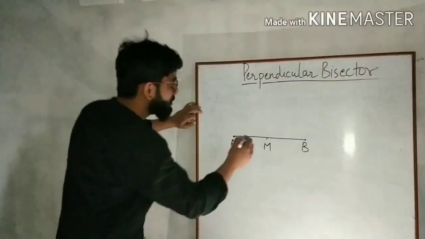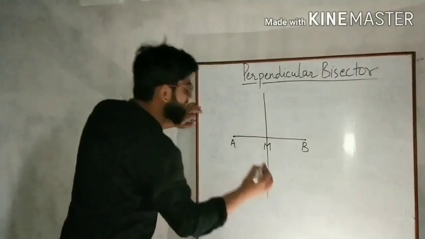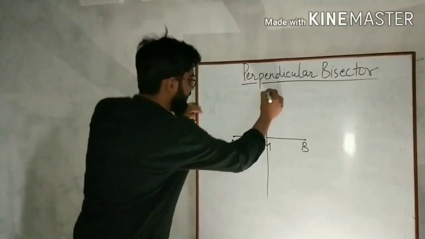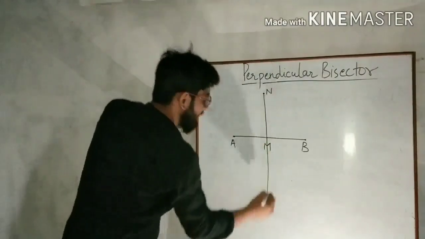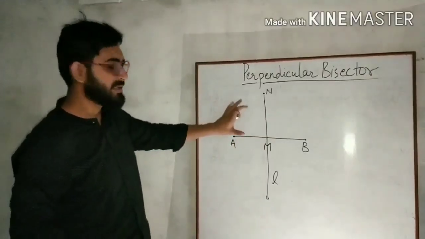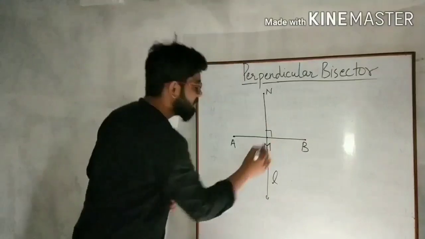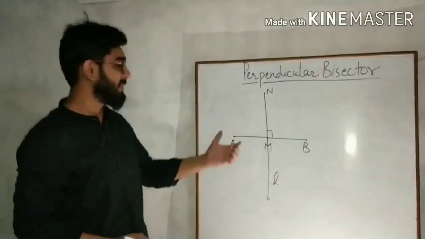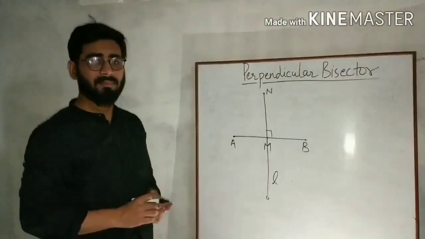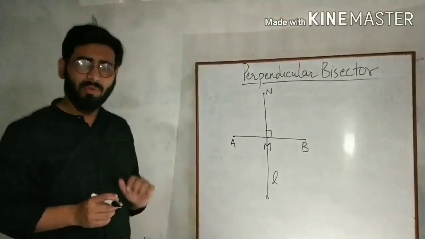Now I ask you to draw a line perpendicular to AB. So you draw a line perpendicular to AB. Let us name this point N and this line L. So MN is perpendicular to AB. Now, does MN bisect AB? That means, is MN dividing AB into two equal parts?